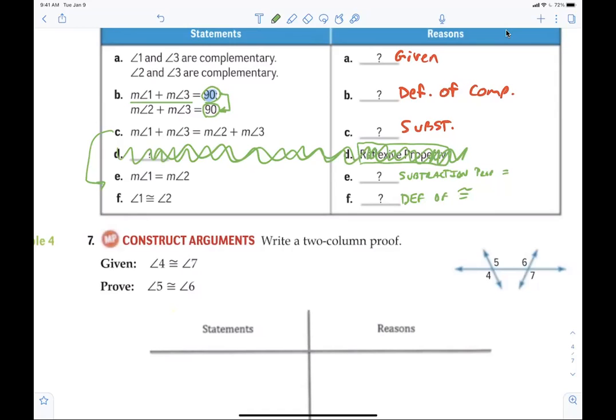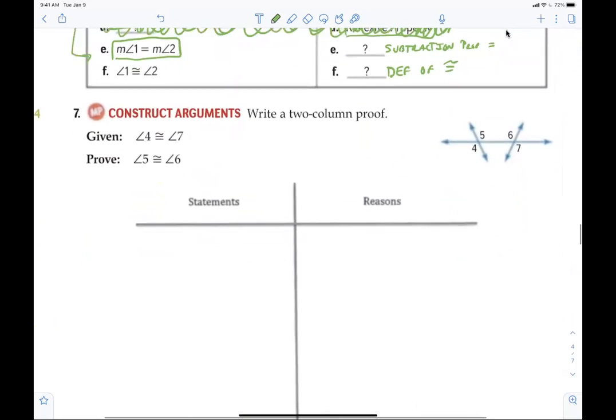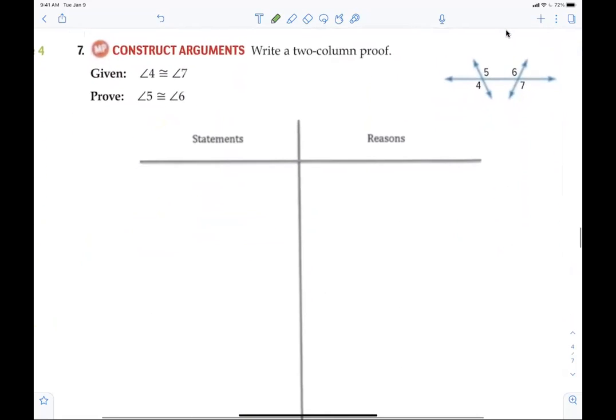The measures are equal, but they're asking me to prove that the angles are congruent. If the measure is equal, the angle is congruent. Everybody okay with that now? I'm not sure what D is. It's totally unnecessary.